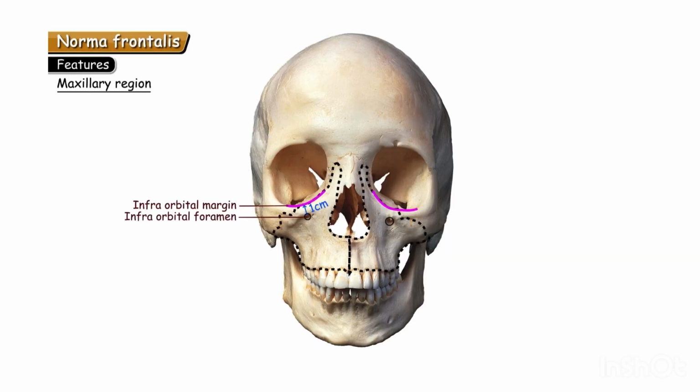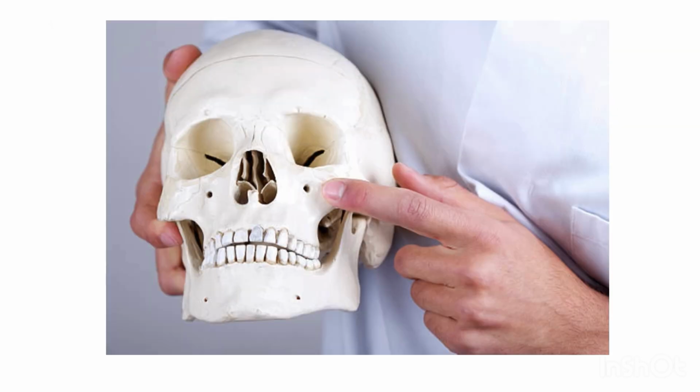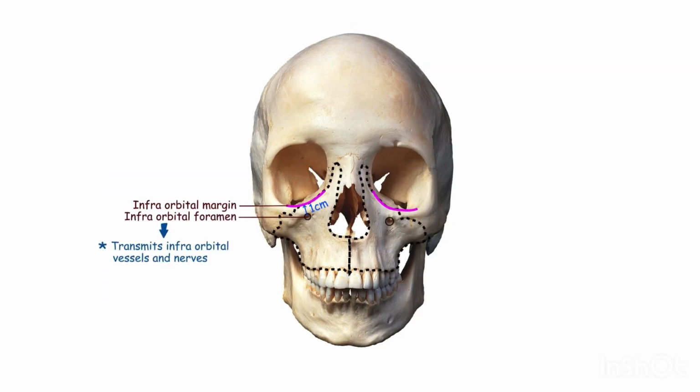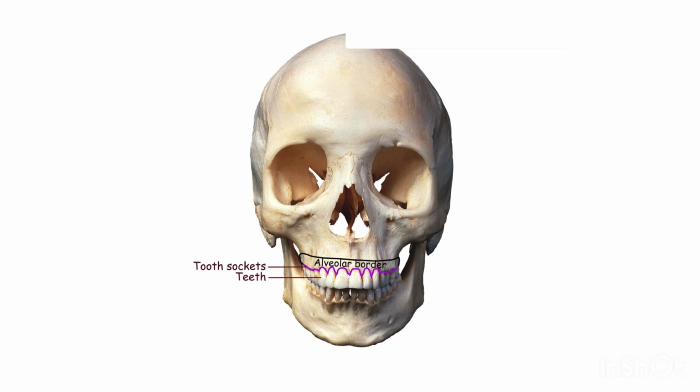The infraorbital foramen is present 1 centimeter below the infraorbital margin, right here. It transmits the infraorbital vessels and nerves. The lower alveolar border of the maxilla has the alveolar sockets and teeth.